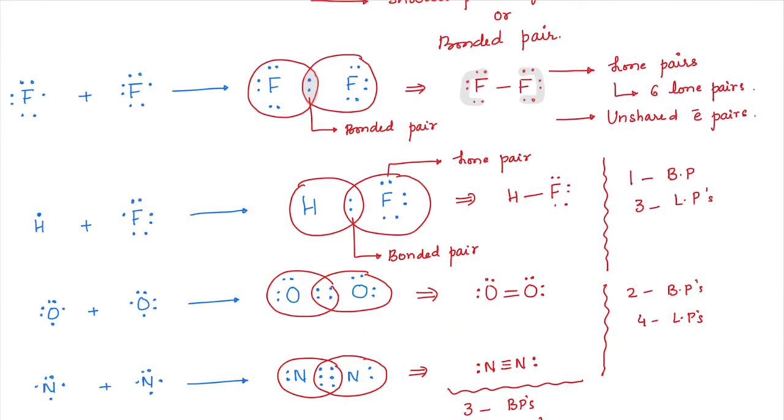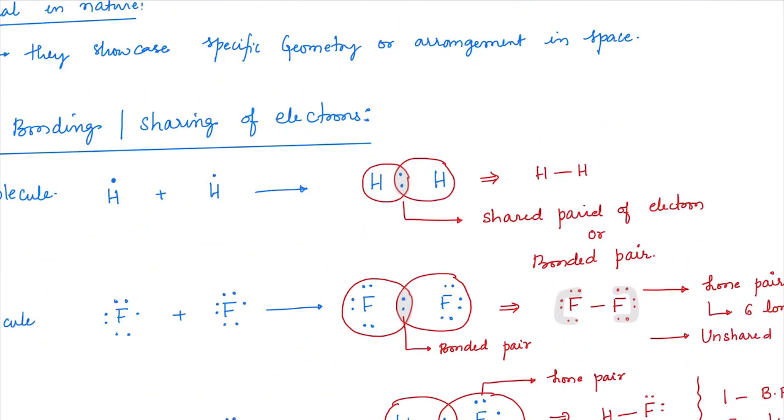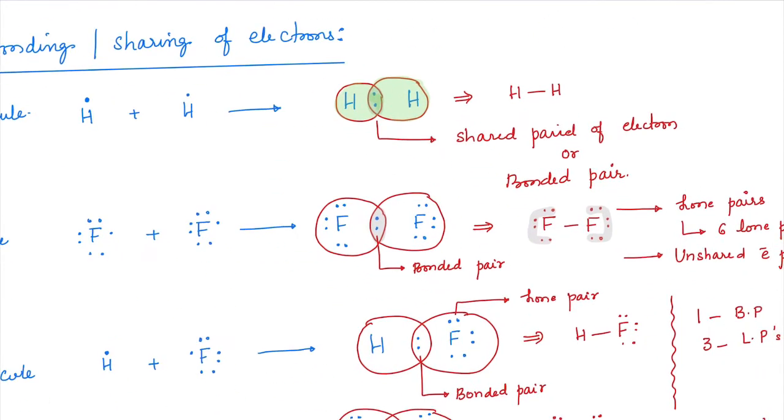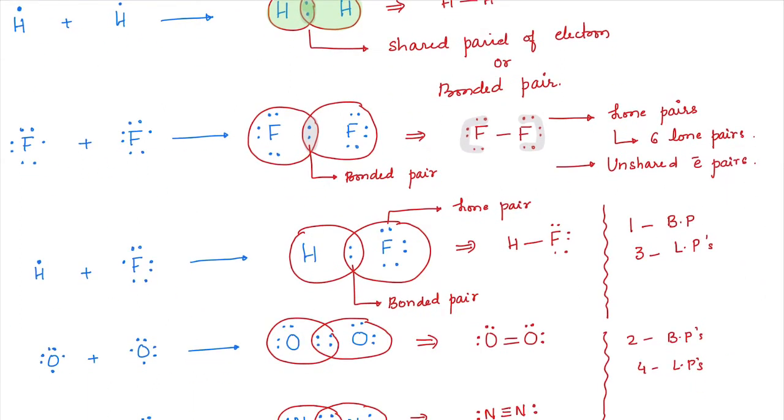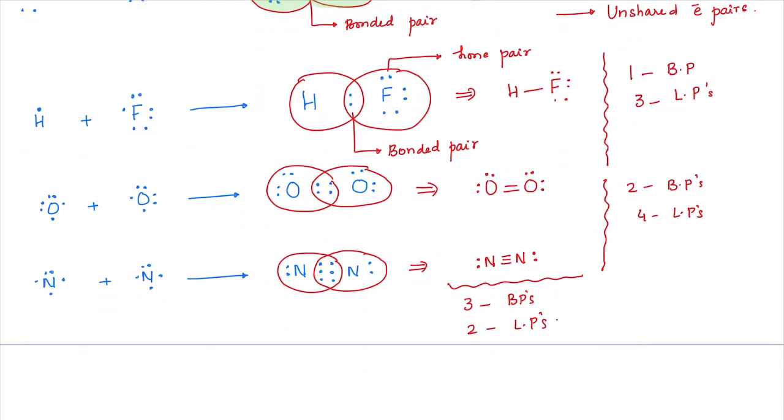So now one thing we got to understand from here is that in all of these cases, every hydrogen here is trying to complete its duplet form. This is called the duplet form because hydrogen usually does not have a second shell, so it is happy with the first orbit getting completely filled, which is 2 electrons. While fluorine, if you check out, both fluorines are making an octet completion. That means within its vicinity there are 8 electrons. Same is the case with oxygen.